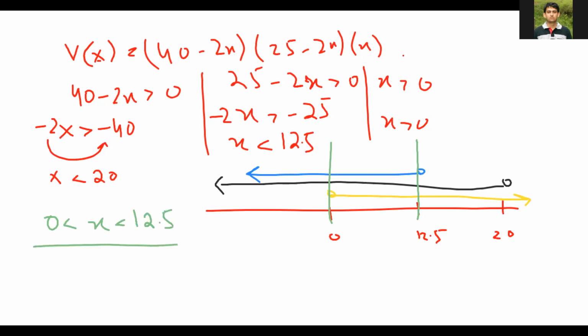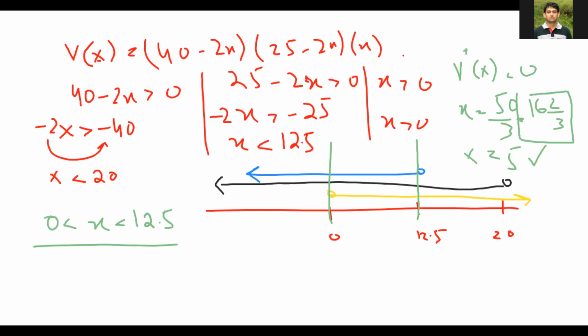The values that I got from the first derivative, v prime of x equal to 0, were two values of x. One was 50 by 3 and the other value was 5. So 5 is the only value that falls into this interval, whereas 50 by 3 is equivalent to this particular value, which does not fit into the interval.